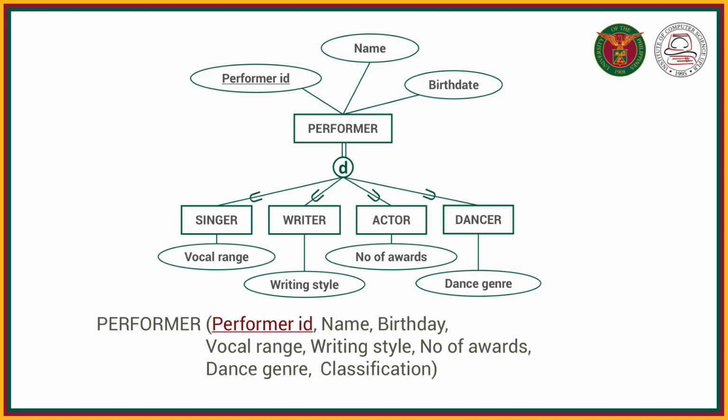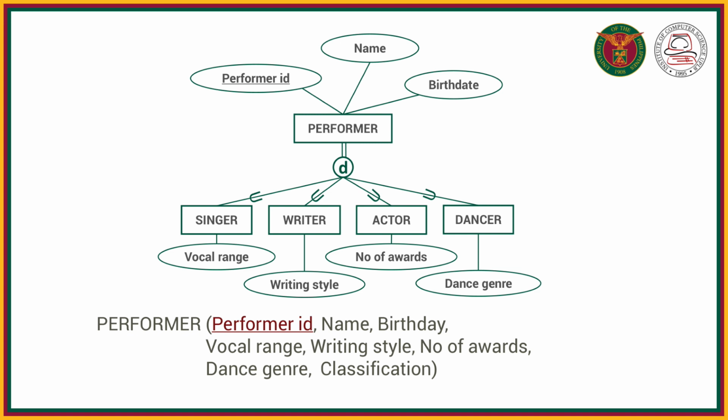So, an alternative that we can do is define only one relation, in this case performer. Then we have the attributes of the performer entity: performer ID, which will be our primary key, name, and birthday. For the attributes of all the subclasses, we need to append them to the attribute list or column names. So we have vocal range, writing style, number of awards, and dance genre.